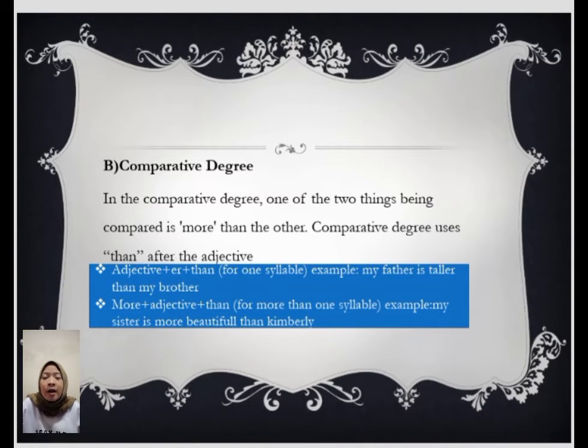This is used for more than 1 syllable. For example, my sister is more beautiful than Kimberly. Please remember the 2 rules of comparative degree.